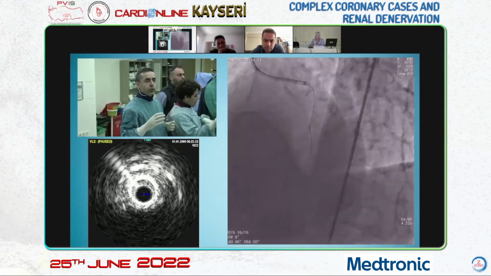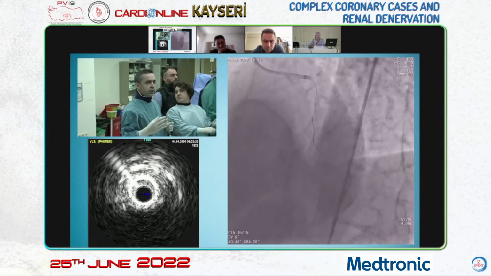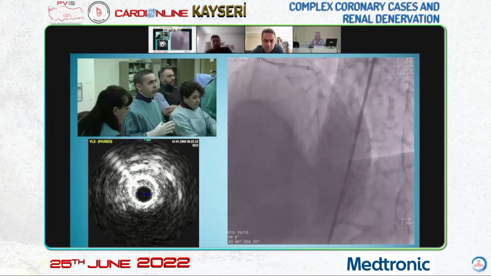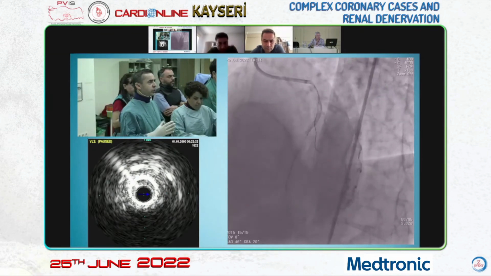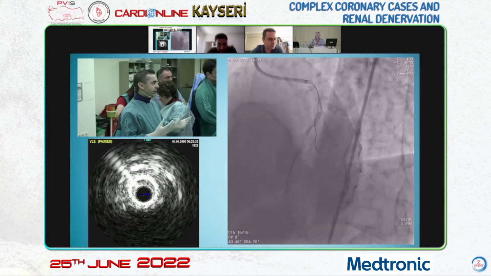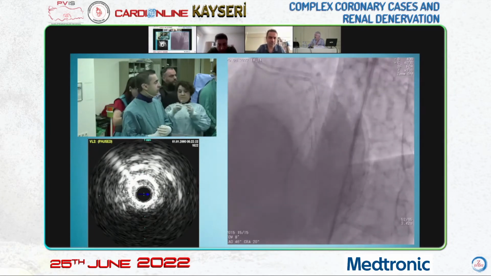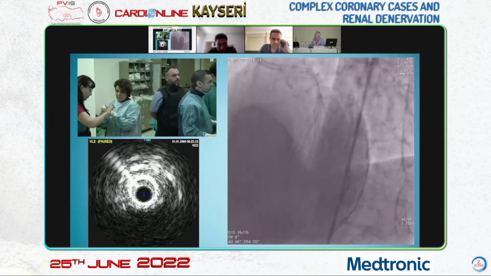If it is 3 or 4, we need to look at whether plaque load is exceeding 70% or not. The plaque load is at 10 to 20%, so we cannot have a medicated balloon or stenting. We will take out the wire and give nitrate. Anyone who'd like to make a contribution?